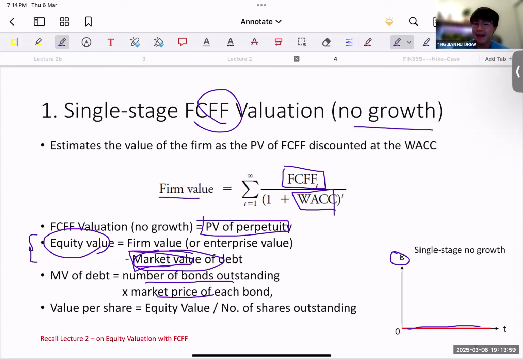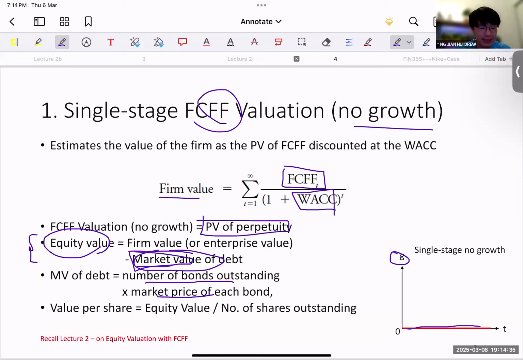Market value is what you pay now. What's the bond worth now? And par value is what you get at the end. Yeah, you're totally right. So just be very careful when you determine your market price or market value of debt. Just be very careful what you're using. Please don't confuse par value and market value.